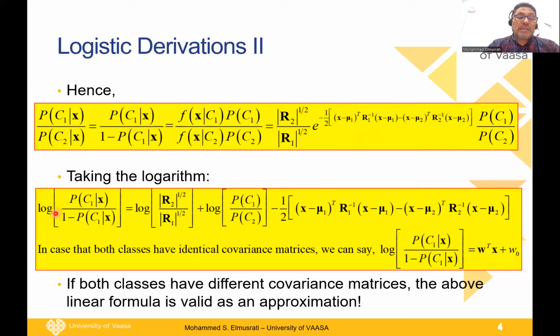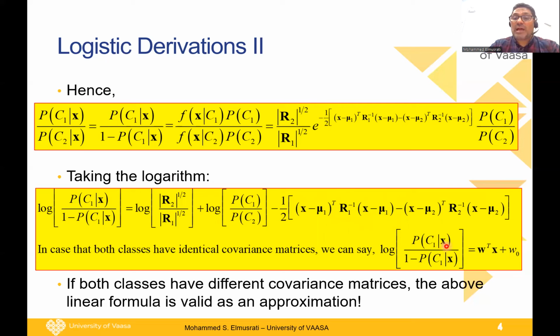Now, by taking the logarithm, we get this equation, which is actually a quadratic equation, as you can see here. But in case the covariance matrices of both classes are quite close to each other, then the equation will be linear.